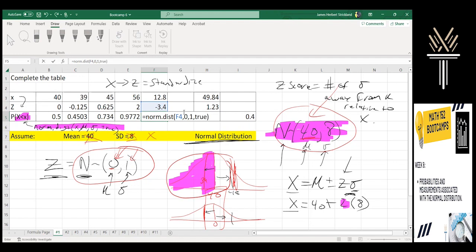And of course you can click F4 or you can type negative 3.4, it doesn't matter. I clicked it in this case. There's my probability. And then one more time, is 1.23, NORM.DIST. That 1.23 number, given the mean is 0, the deviation is 1, always, always true. And there's my probabilities.